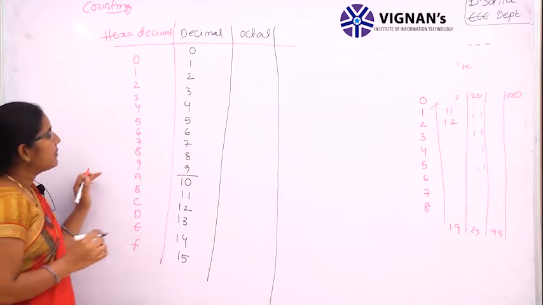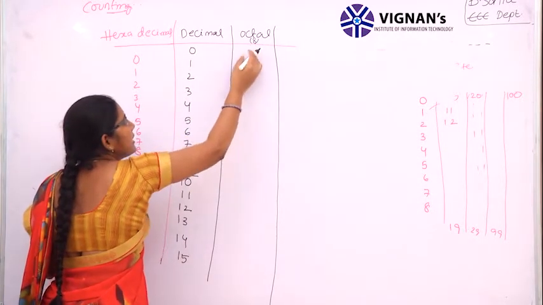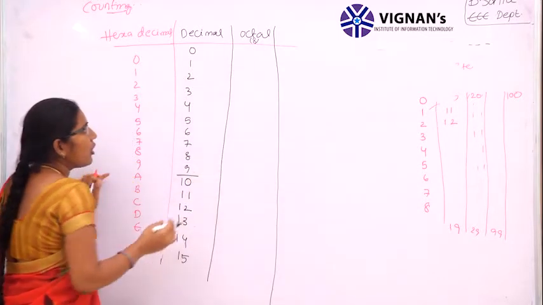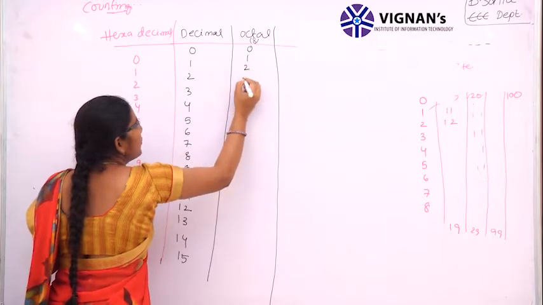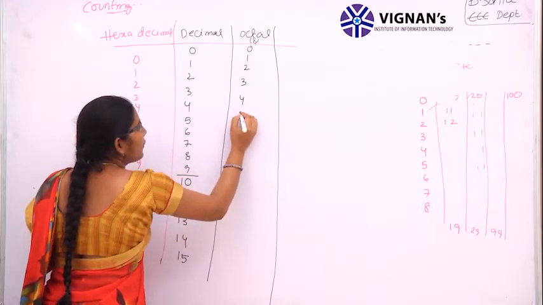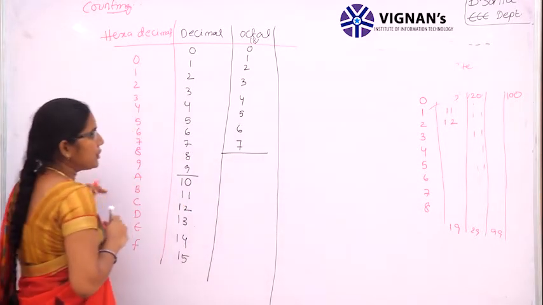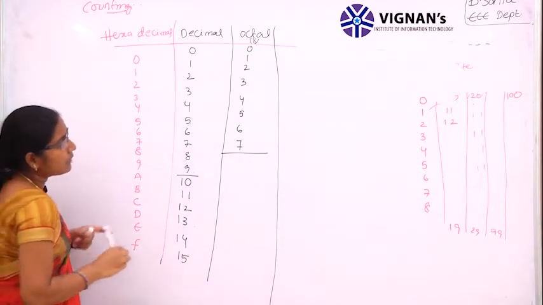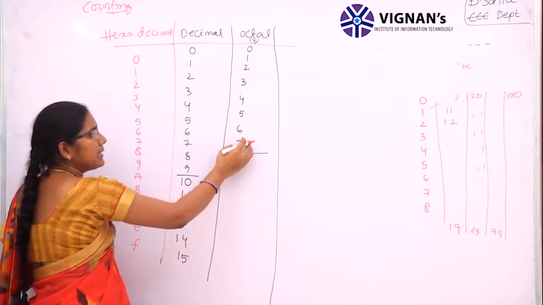In the octal number system, from 0 to 7, no issue because the unique numbers are already present in the octal number system. So 1, 2, 3, 4, 5, 6, 7. So no issue. But after 7, we don't have any unique numbers in the octal number system.